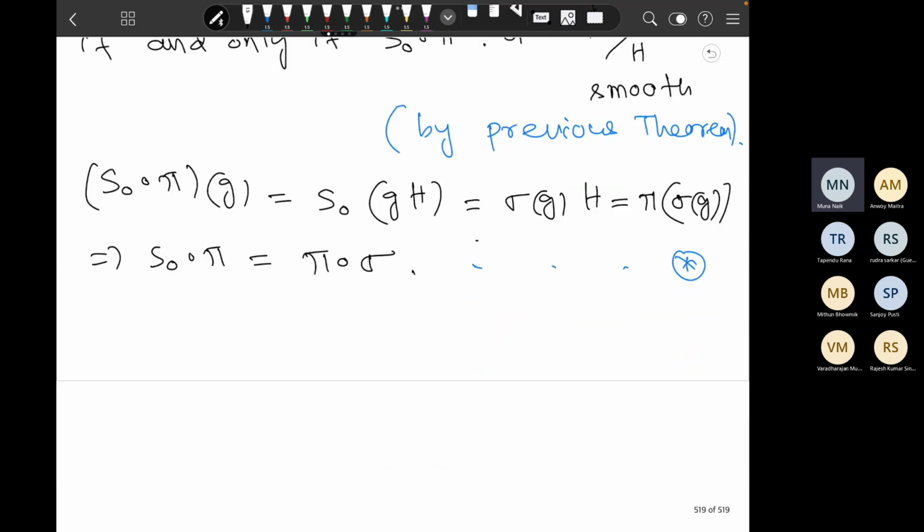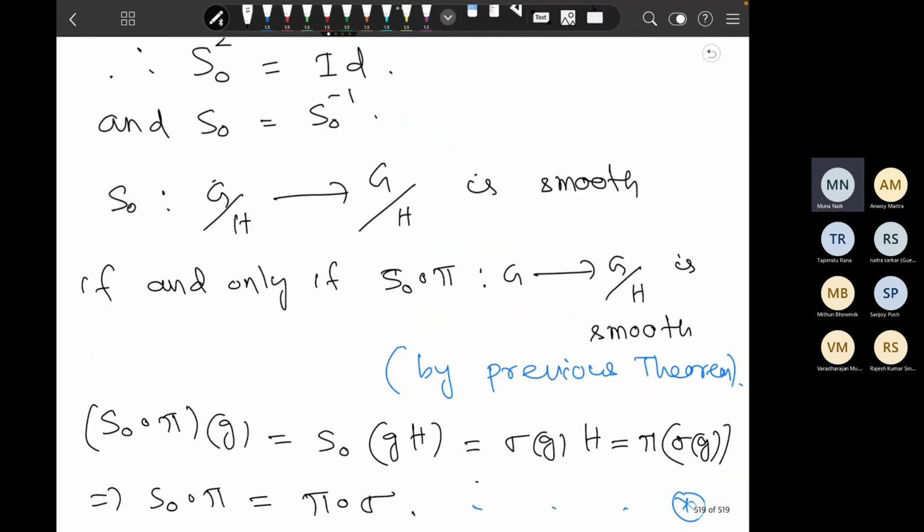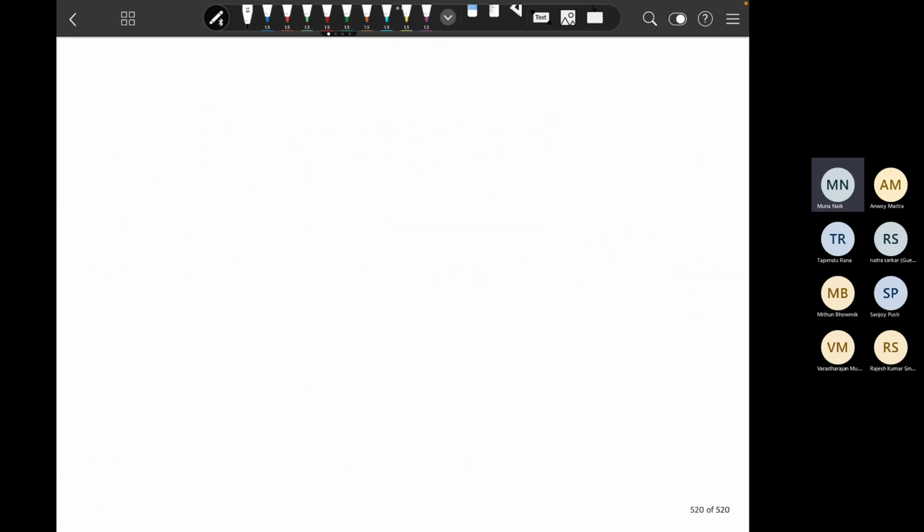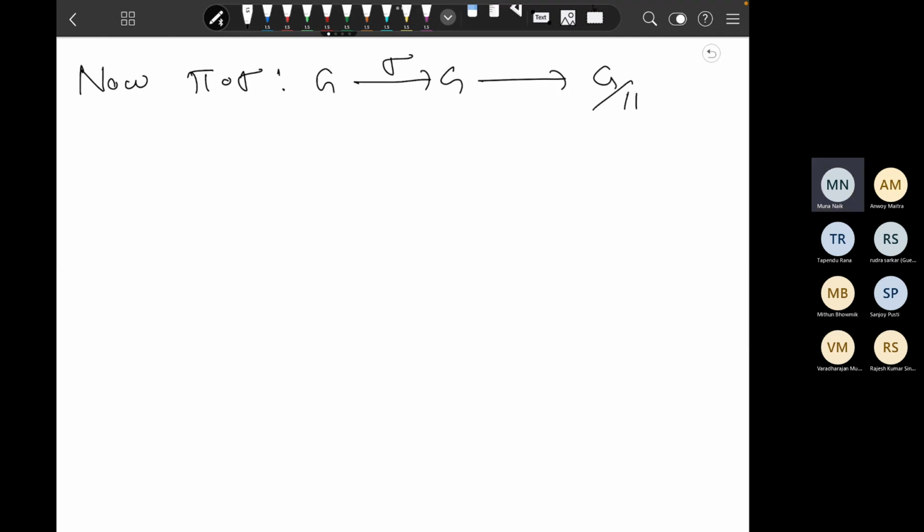Now, this star. What is pi composition sigma? Now this pi composition sigma is the composition of two smooth maps, G to G, sigma, and this G to G/H. So this is smooth, and this is smooth. Both are smooth.